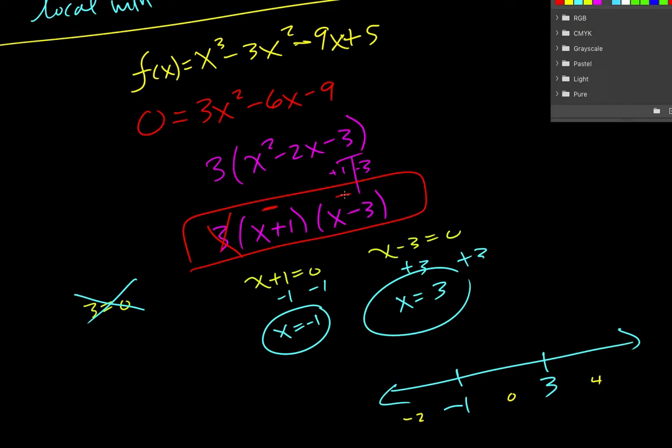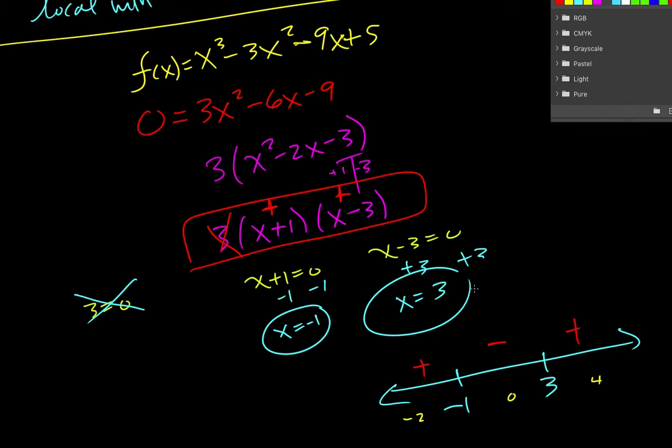Plug in a negative here, we'll also get a negative. Negative times negative is positive. Okay, right here, plug in a 0, get positive. Plug in a 0, get negative. Positive times negative is negative. Plug in a 4, get positive. Plug in a 4, also get positive. Positive times positive is positive.